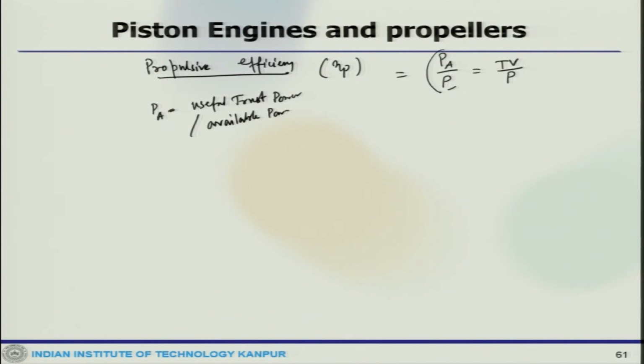So, this is a ratio between available power to the power delivered, which is the propulsive efficiency.